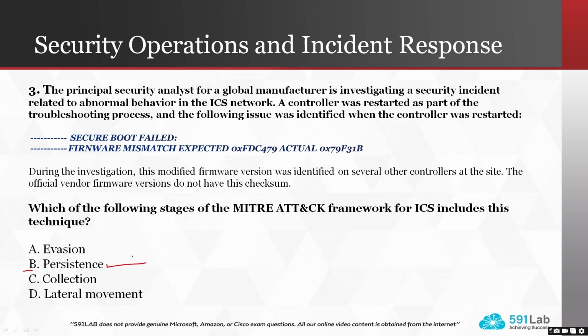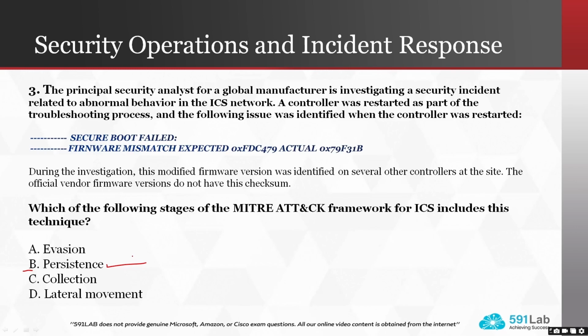So the correct answer is B, which is persistence. In broader terms, persistence is a technique focused on maintaining unauthorized access to a system. Modifying the firmware on multiple controllers suggests an attempt to establish a persistent foothold in the network. It makes it harder to remove the attacker and regain control of the original system.